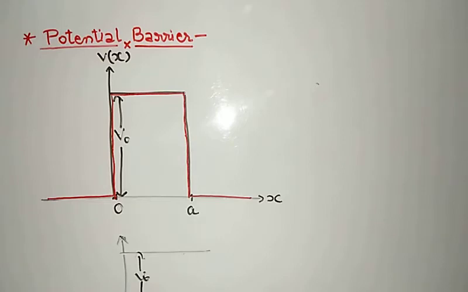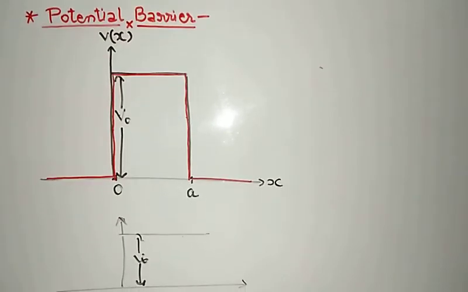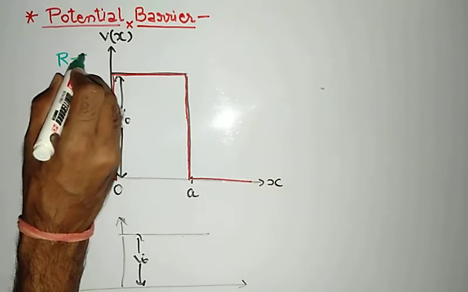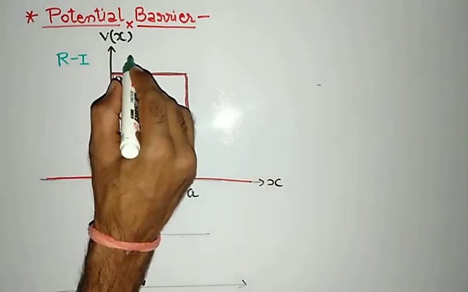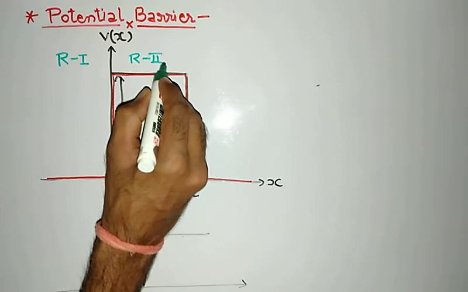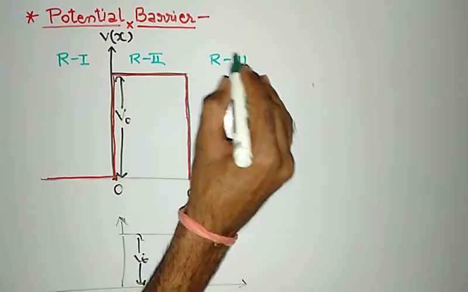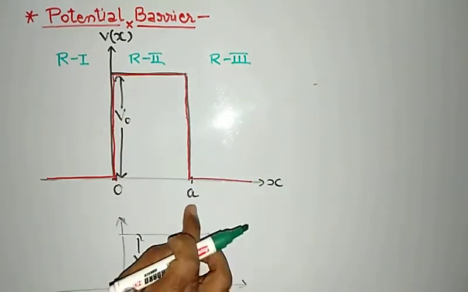In that we have only two regions, left and right, in potential step, but in potential barrier we will have three regions: region first, second and third. So, this will be region first, this is region second, that is 0 to A, and this part is region third, that is again greater than A.